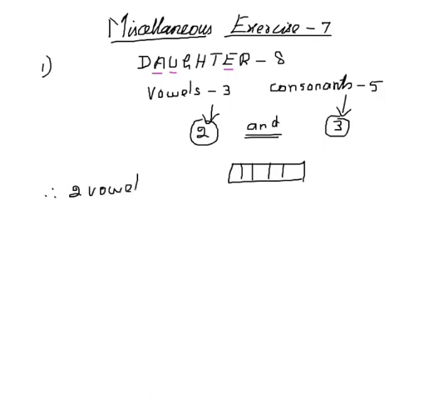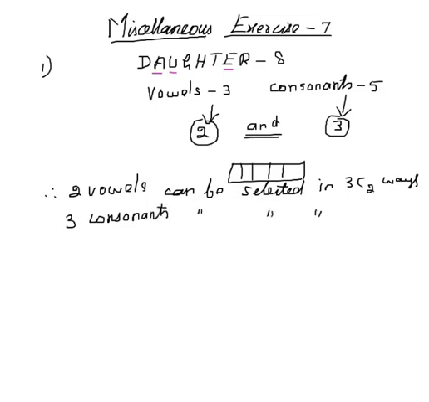2 vowels can be selected in 3C2 ways and 3 consonants can be selected in 5C3 ways.